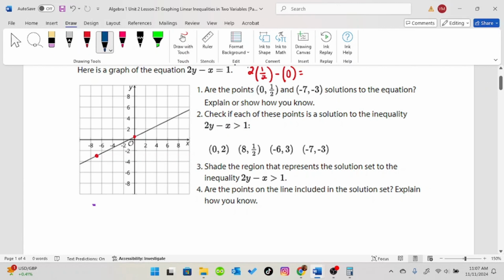Well, the 2's cancel each other out, and we have 1 minus 0, which equals 1. So that is true.